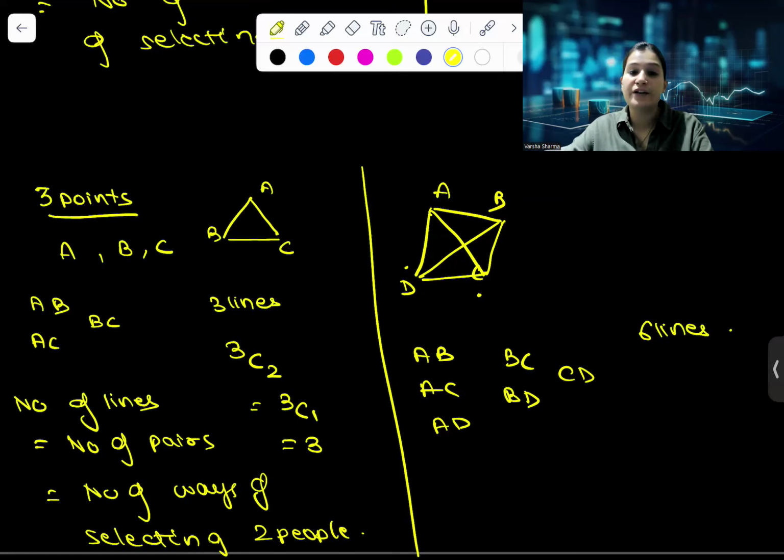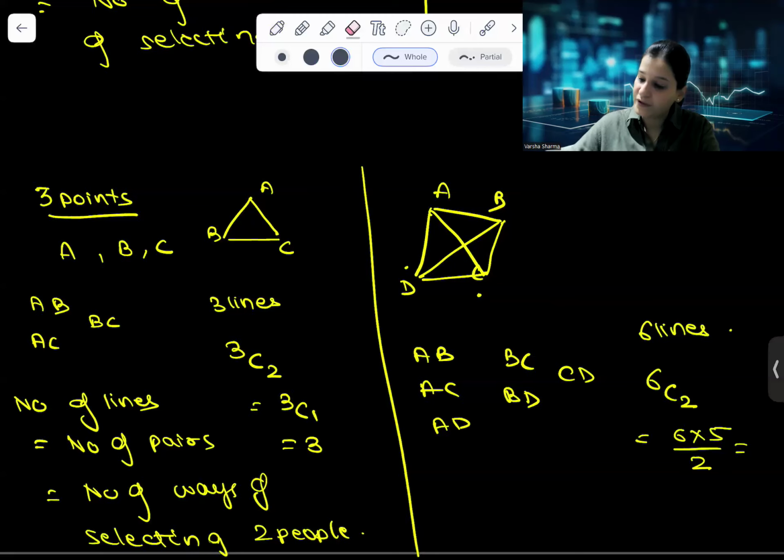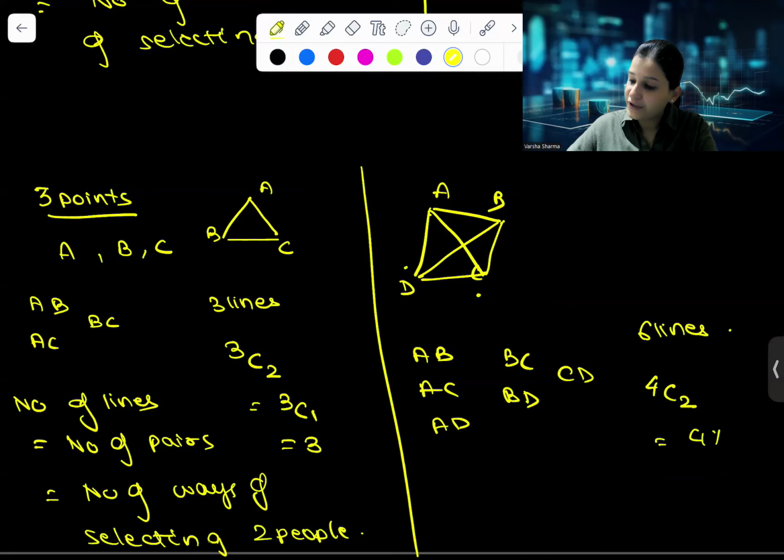I'm making a selection of two points. So out of 4 points, choose 2. So 4 into 3 divided by 2, that is 6.